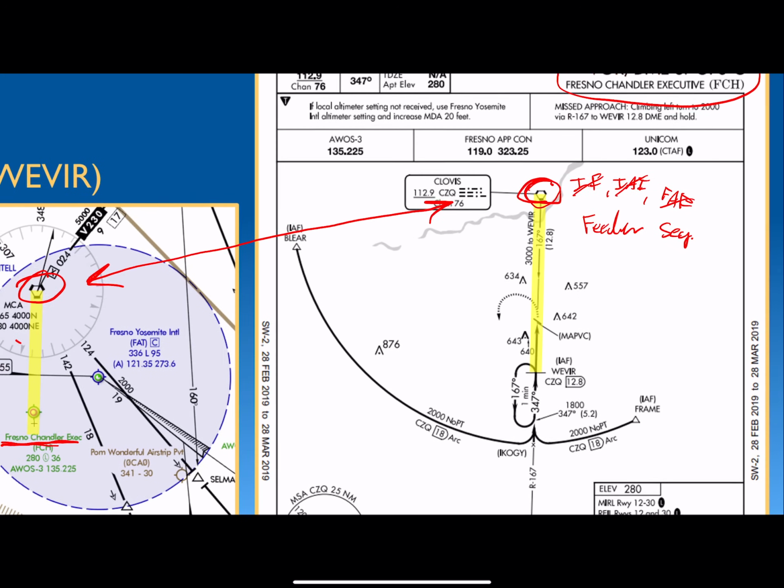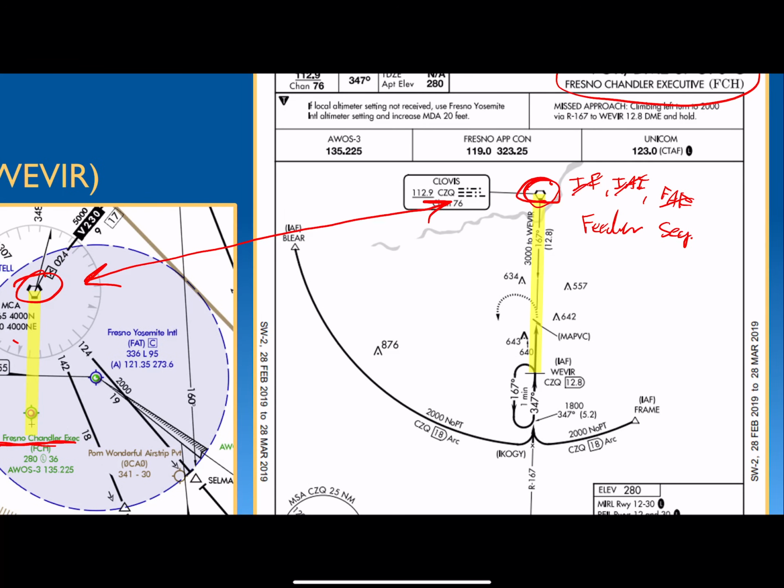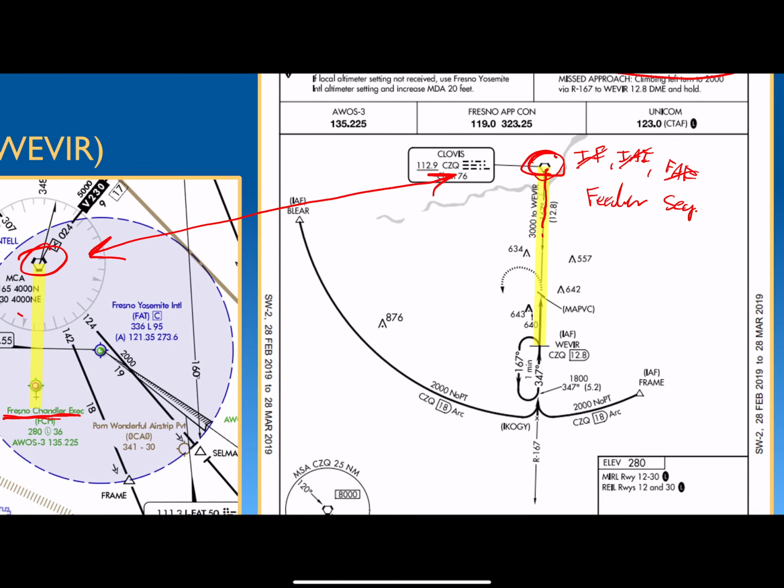So if we look at this plate, we would then look for, okay, if I'm going from Clovis down the, was that the 167 radial, where's my initial approach fix? So if I keep following it all the way down, I can see here's my initial approach fix. So there's actually 3 initial approach fixes. If you'll notice, this approach includes a DME arc. So you could get sent to any of these 3 initial approach fixes.